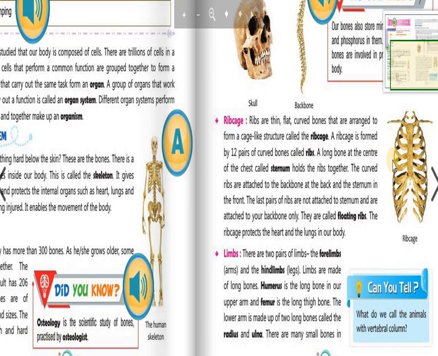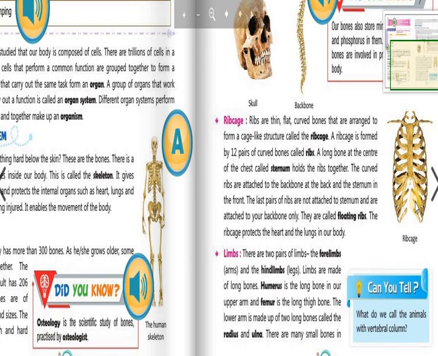So what is the main motive of this rib cage? It protects your lungs, your heart and your internal organs such as the liver, etc. These are thin, flat and curved bones that are attached to the backbone and in front they are attached to the sternum.